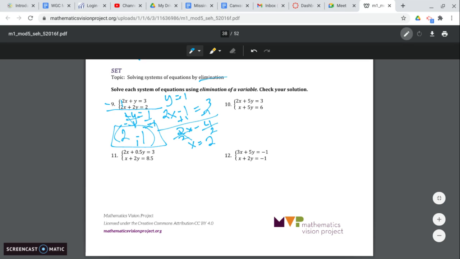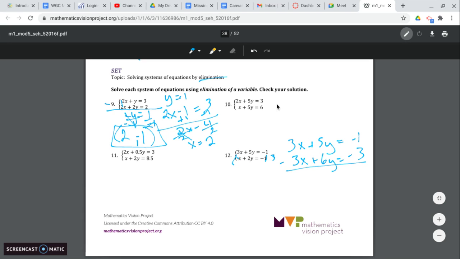All right, the next one we're going to do together is number 12. So notice none of the coefficients are the same, which means we have to multiply one of our equations so that we have the same coefficient. I'm going to cancel my x's, so I'm going to multiply this whole bottom equation by 3. So now I have 3x plus 5y equals negative 1, and 3x plus 6y equals negative 3.